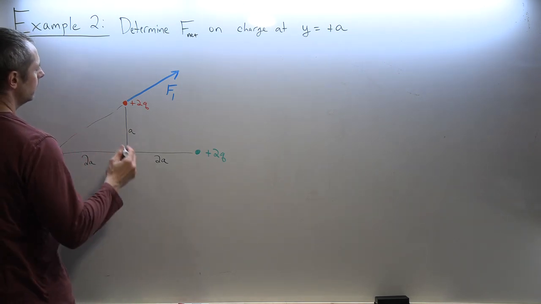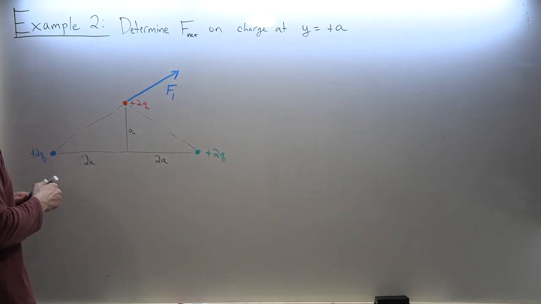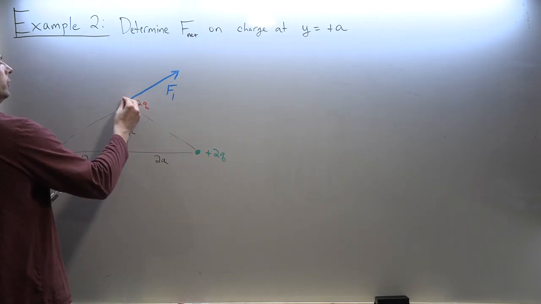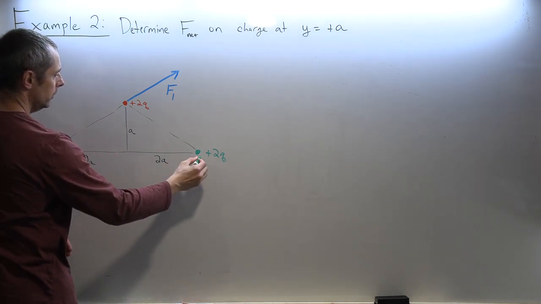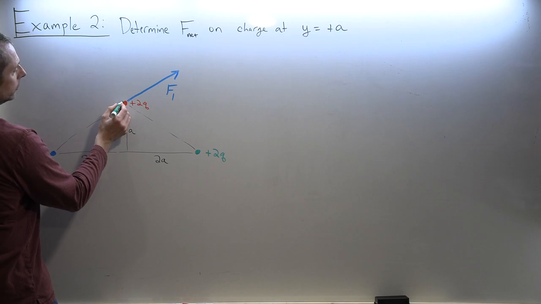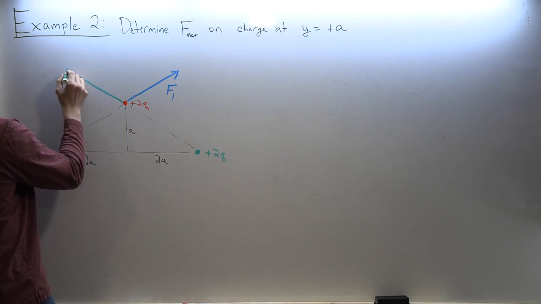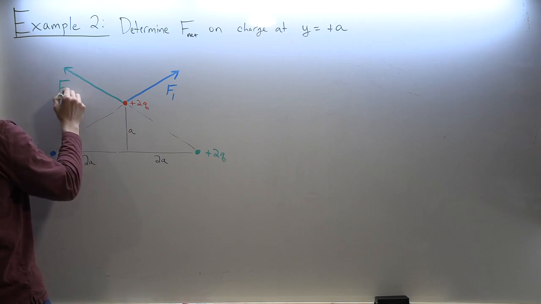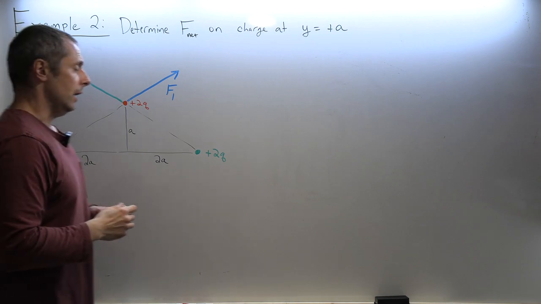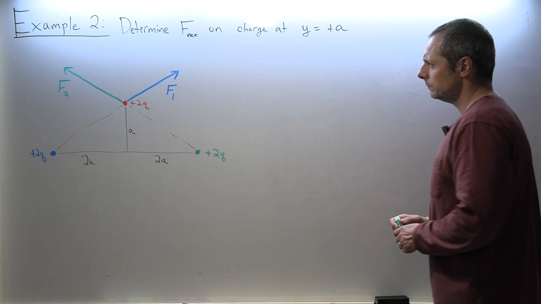And then this plus 2q charge is also going to repel this up in this direction. So this charge repels like so. Now it turns out that those are actually equal length arrows.